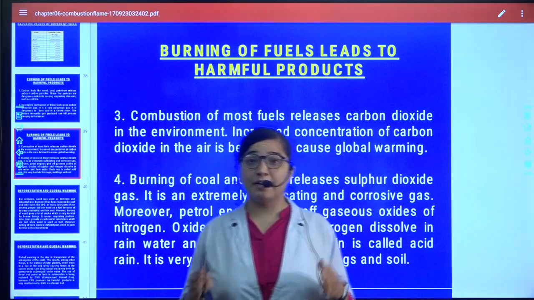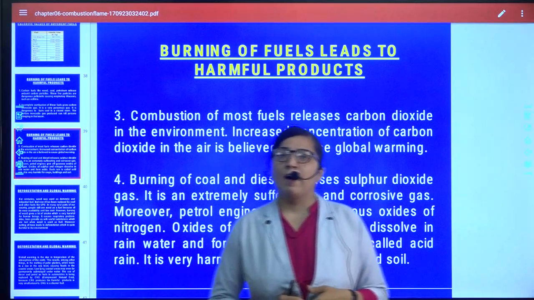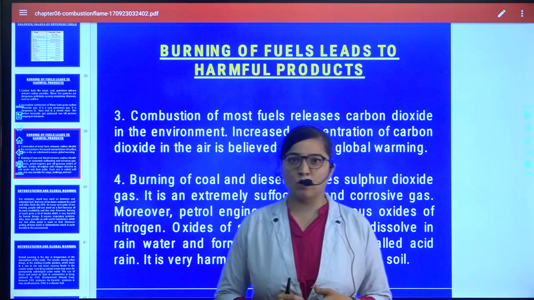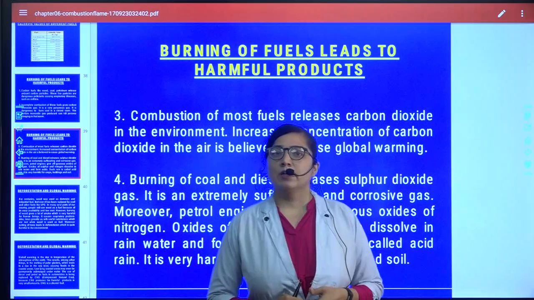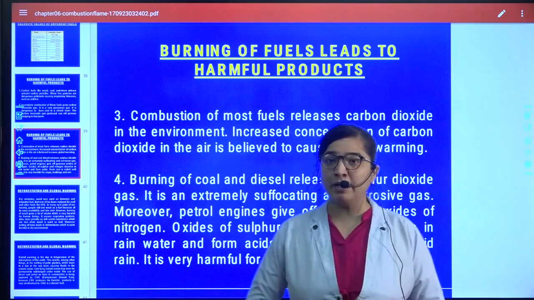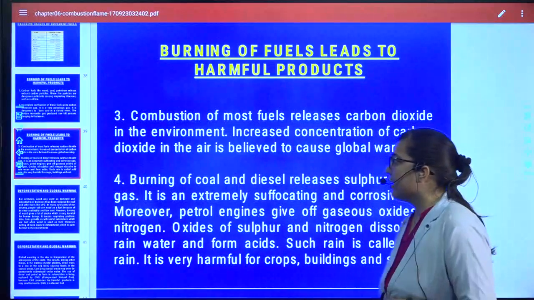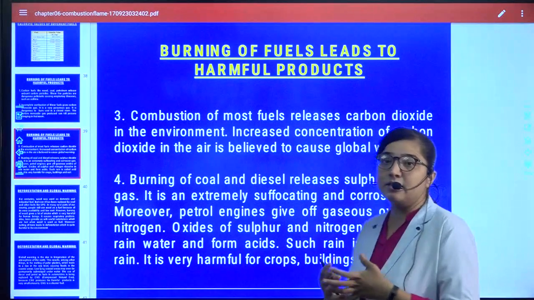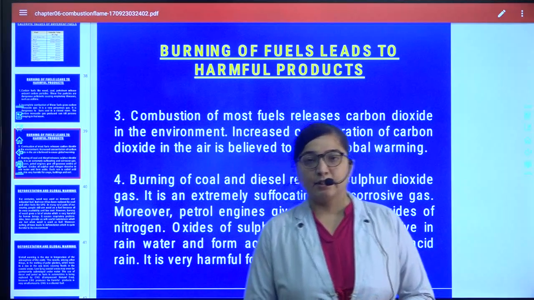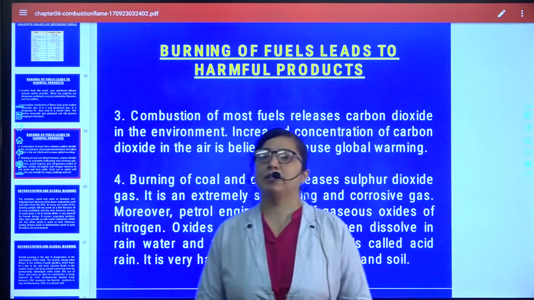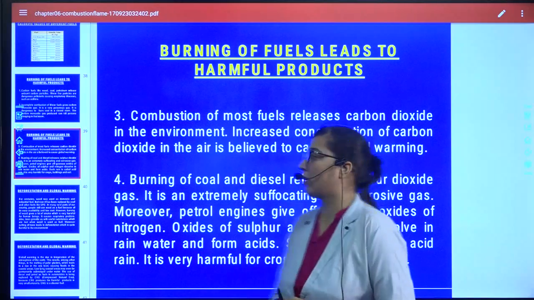This year, 2020, we had less experience of the summer because it was complete lockdown in the month of April and May, but ultimately we were able to feel it. So when the carbon dioxide is going on increasing, it will ultimately impact the whole environment. Globally the temperature will rise, and it is going to create havoc.